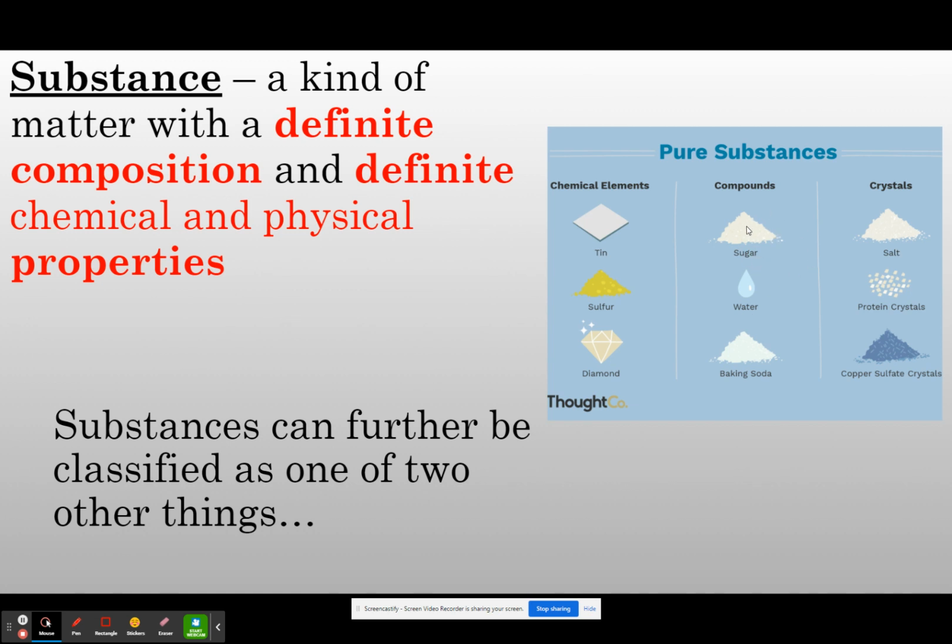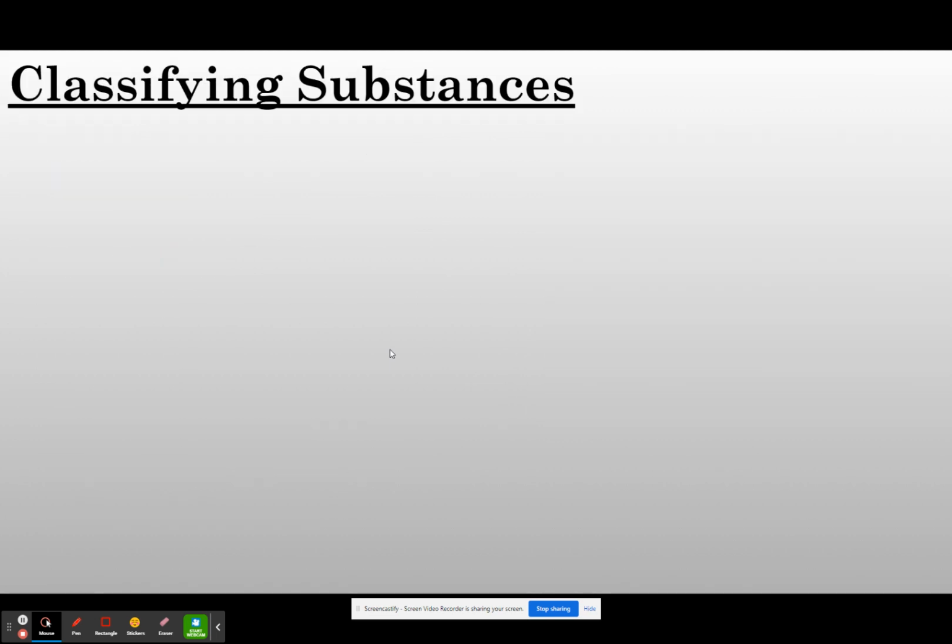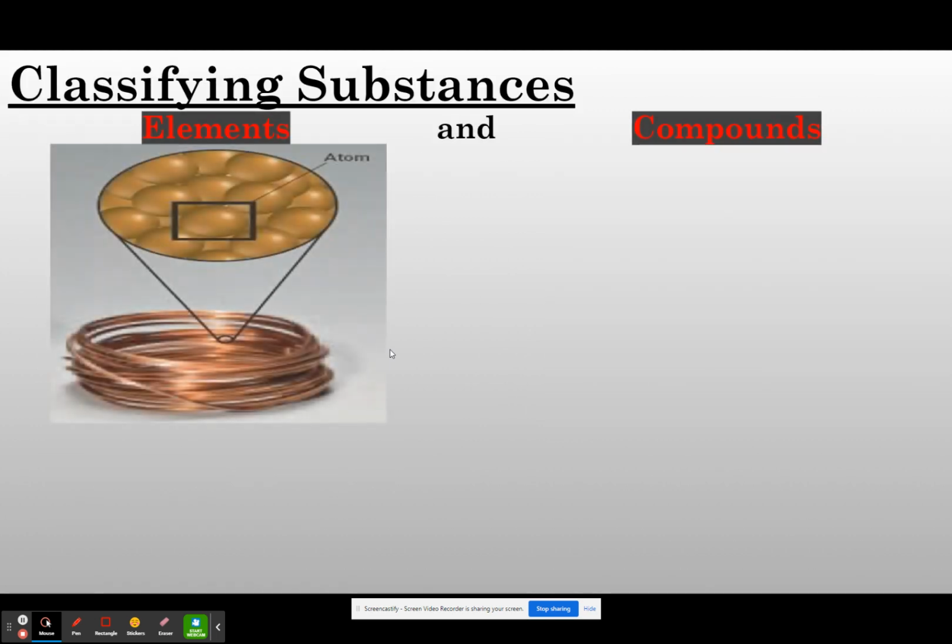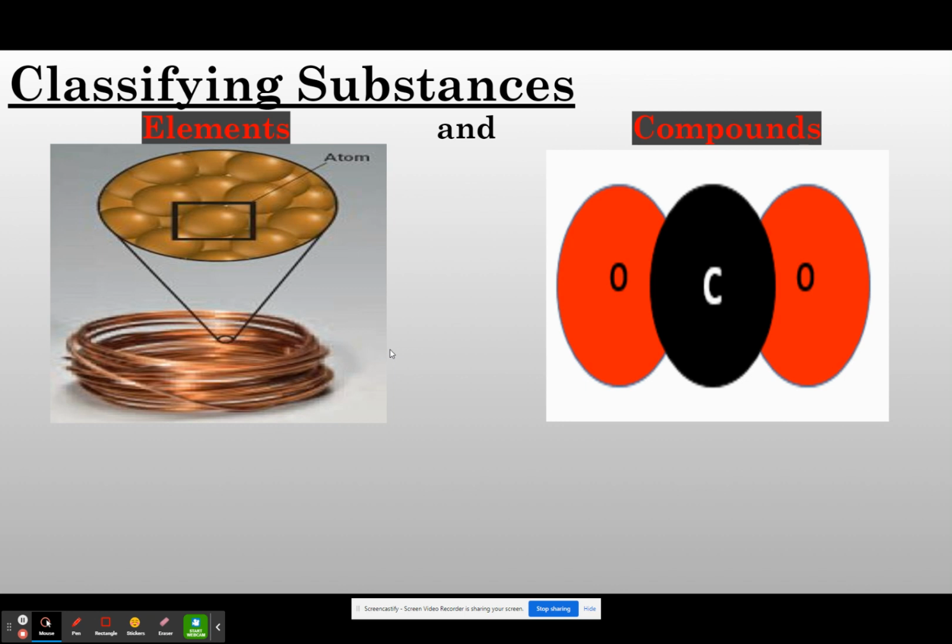Examples of compounds here, or molecules, these are chemically combined. It's sugar, water, and baking soda. And then our crystals, they have a definite composition, but these are usually a metal and a non-metal. We'll talk more about them in the future. So pure substances can be defined as elements or compounds.